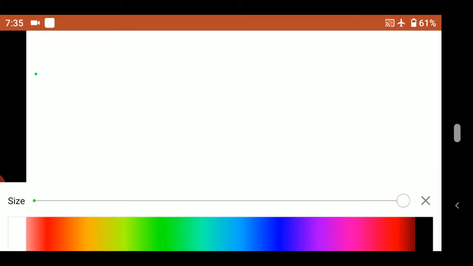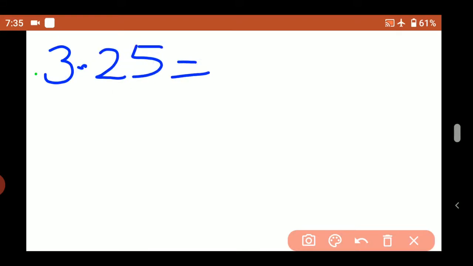Now say if you have 3.25 and convert it into fractions. Now 3.25, as I said, what to write in the numerator? In the numerator, you will write the number whatever is given in the decimal without the decimal point. So here we have 325.